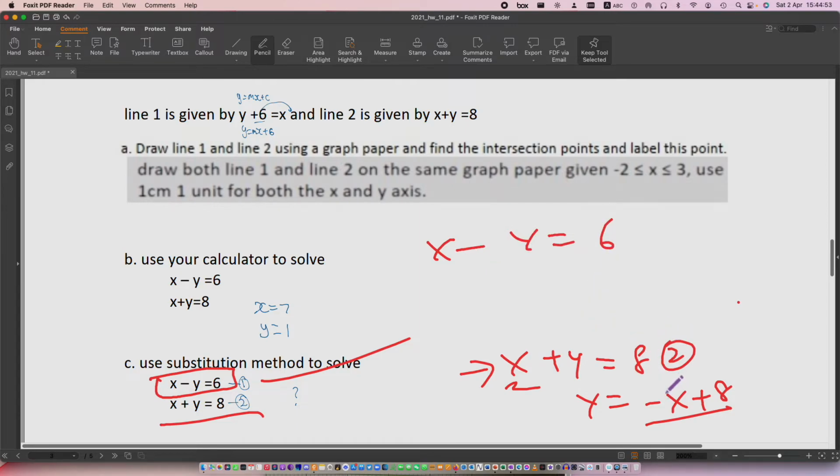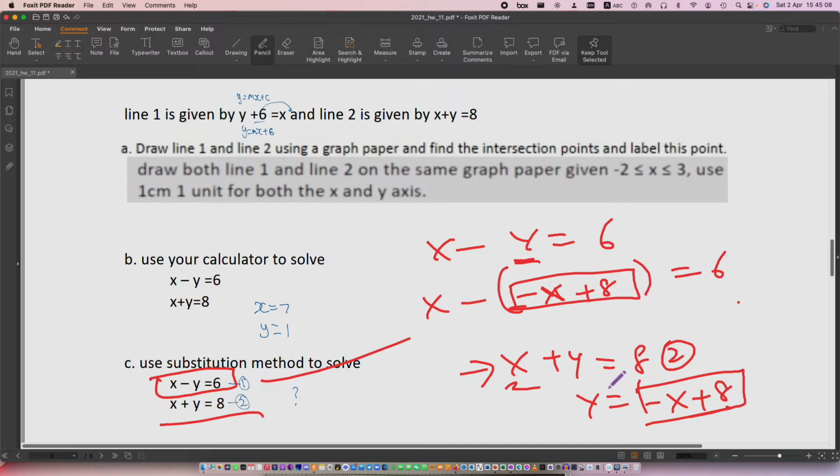So what do you do? Your y now becomes this. You put this into it and you will get x minus, open bracket, minus x plus 8, equals 6. That's called substitution. So how do you open the bracket now?